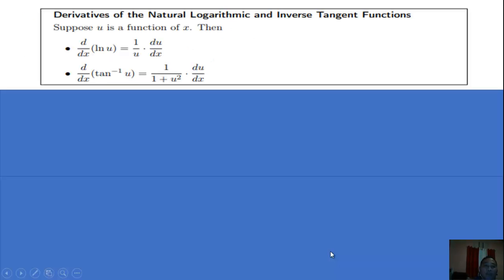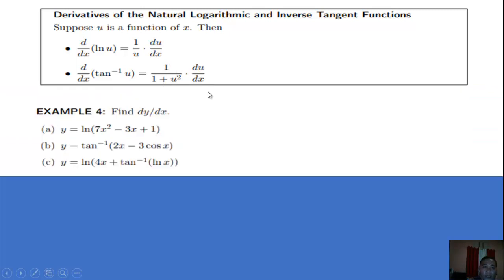Clear? Okay, good. Now, we have two results: the derivative of ln of u is 1 over u times du dx, or the derivative of ln x is 1 over x, and the derivative of arctan of u is 1 over 1 plus u squared times du dx, or the derivative of arctan x is 1 over 1 plus x squared. Now, let's have this example. Ito ay ln of 7x squared minus 3x plus 1.